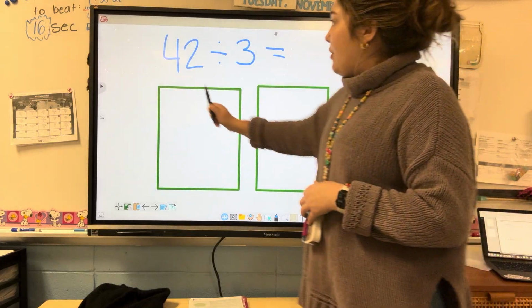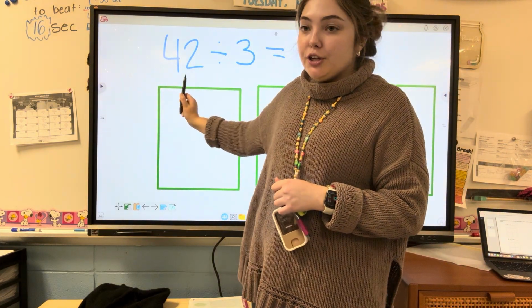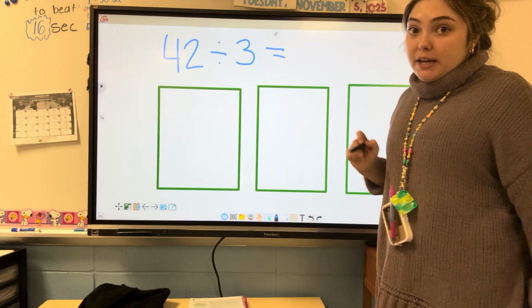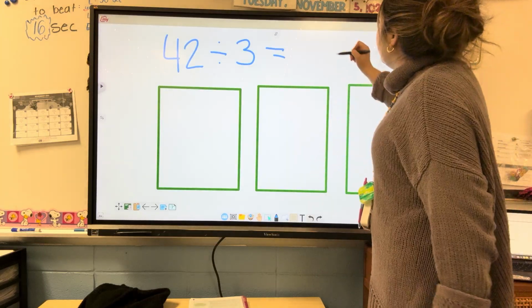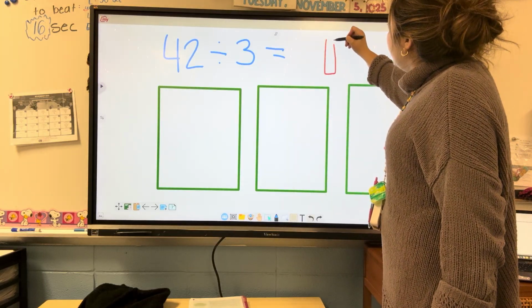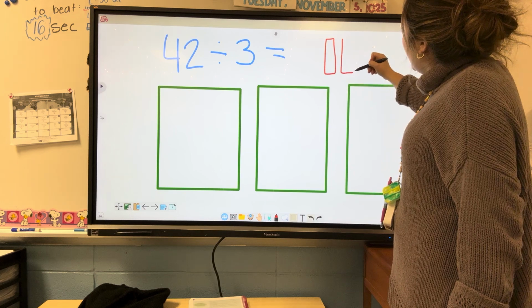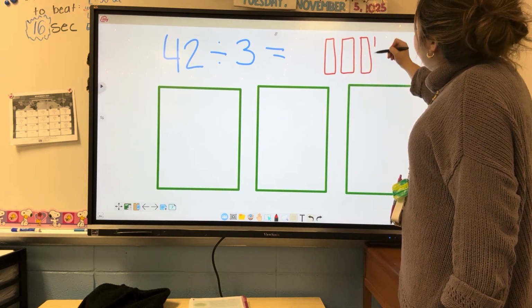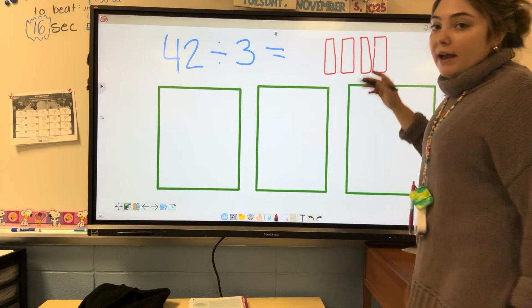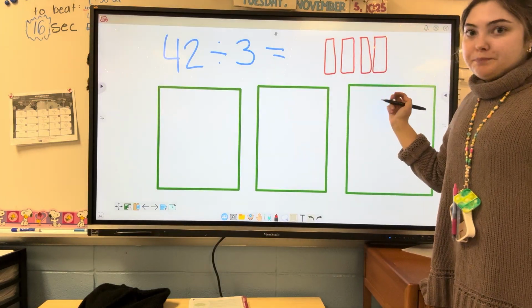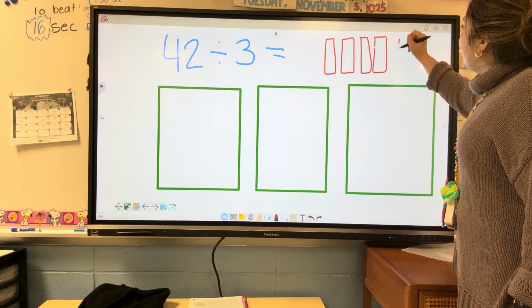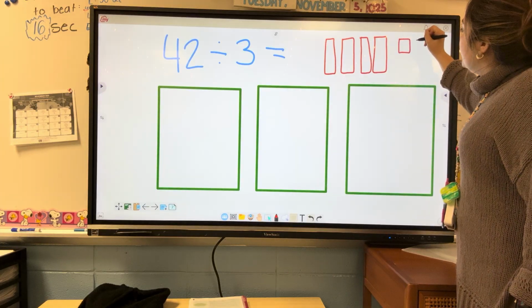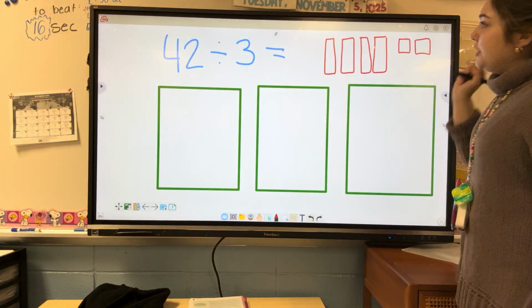Okay? Now, I have 42. That would be 4 tens, which again is my rod, so I draw it up here so they know. I have 1 rod, 2 rod, 3 rod, 4 rod. Right there is my 4 tens. Then I have 1, 2 cubes.